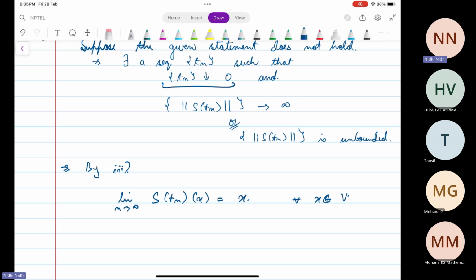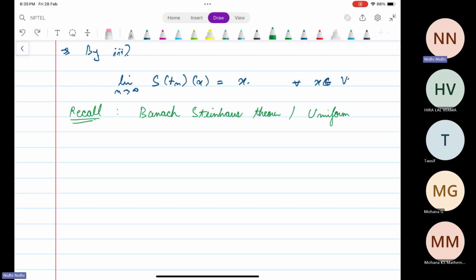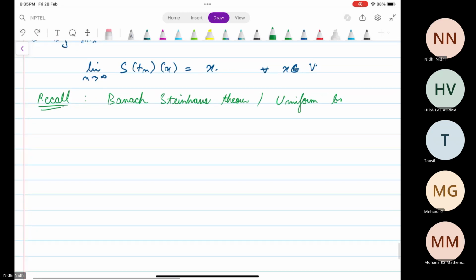That is the uniform boundedness principle, or the Banach-Steinhaus theorem. I'll just recall it.